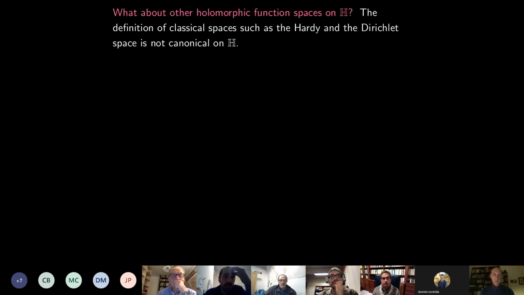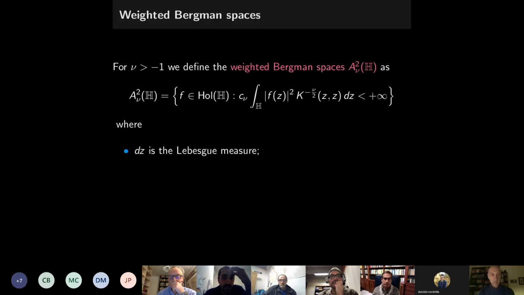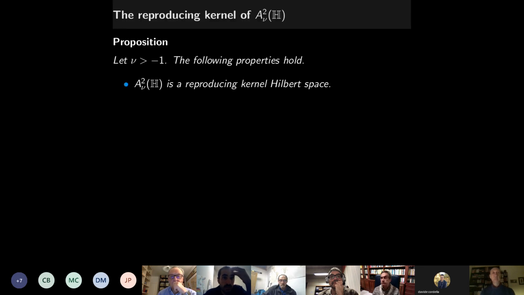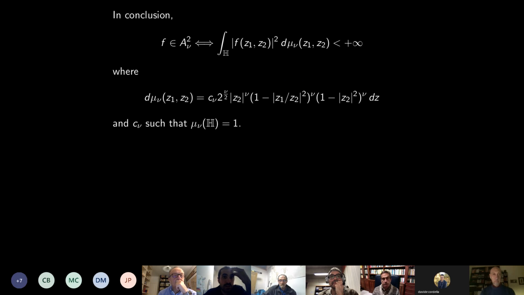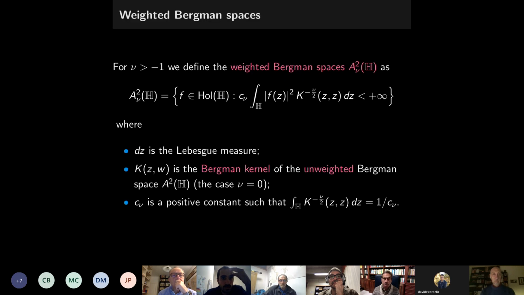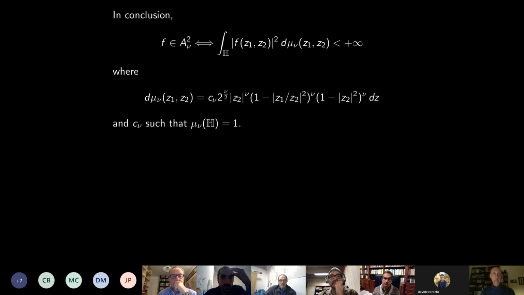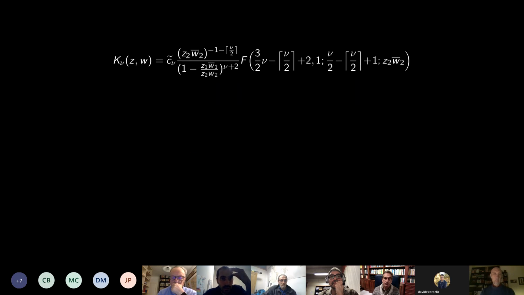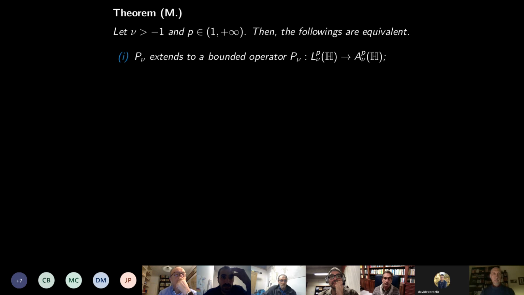Exactly. And then about the fact that, for instance, the Szegő projection is bounded for any p. That's true. So this is the result for the weighted Bergman projection.